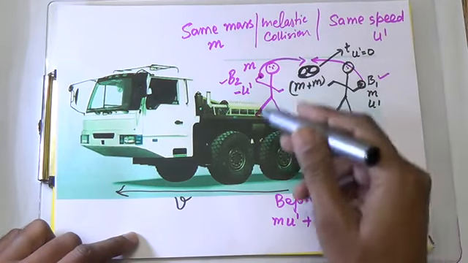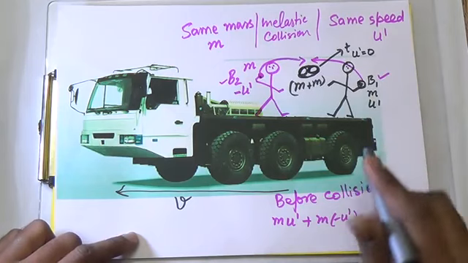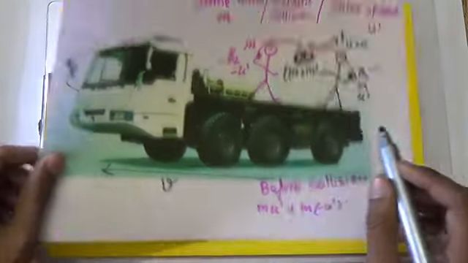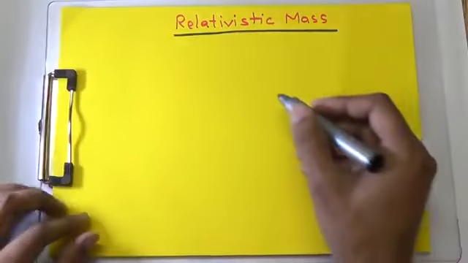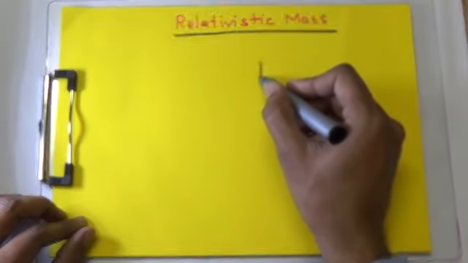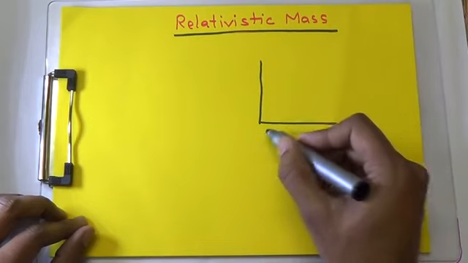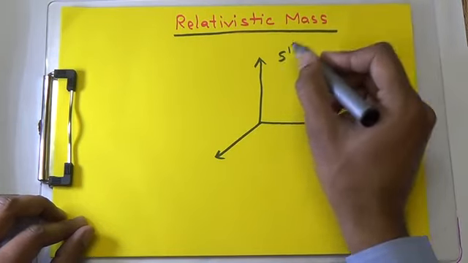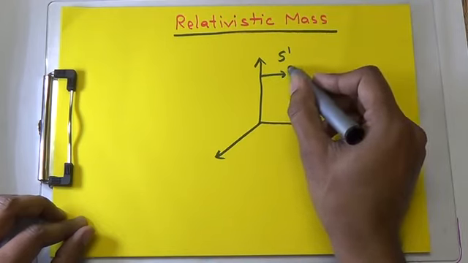Now I have to interpret this physical situation in terms of the coordinate system. This is the S prime frame, which is moving with the speed v.